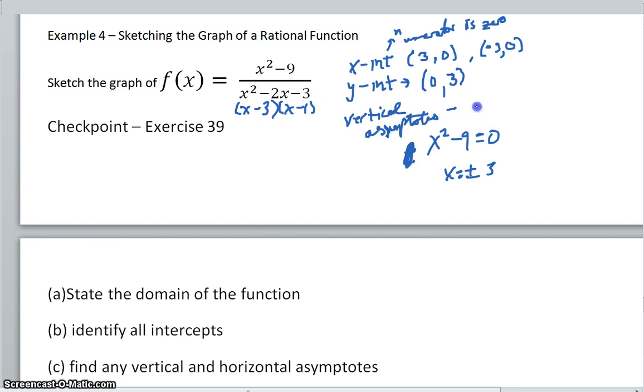So we have two vertical asymptotes at x equals 3 and x equals negative 1. Horizontal: it's a leading coefficient over a leading coefficient. It's at the line y equals 1.